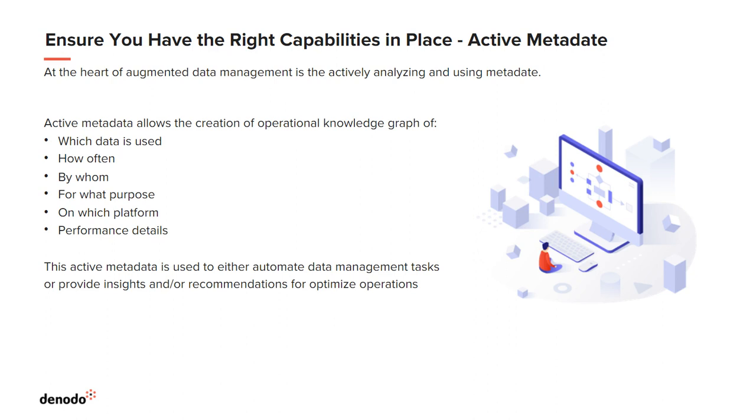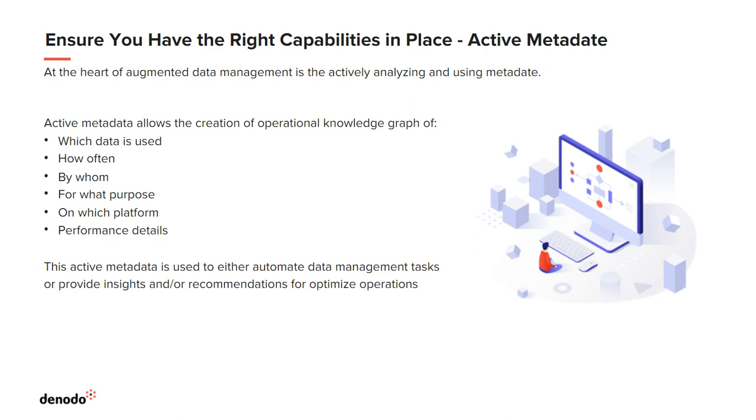The next key aspect of the data fabric is active metadata. We're all familiar with metadata, which is the information about the data. But this is also the information around how the system's being used. How are the different components of the environment interacting with one another? How are users interacting with the system?